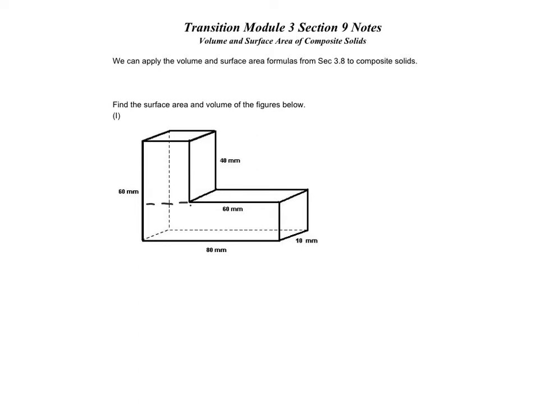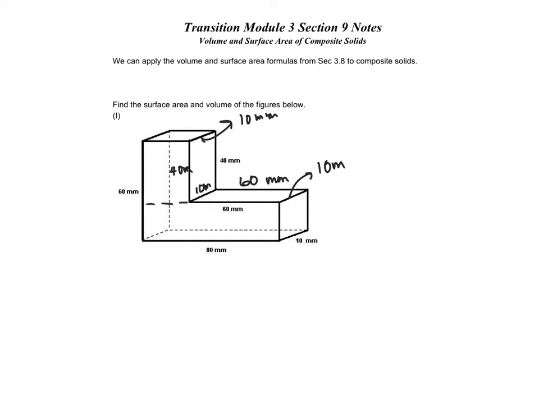Before I start finding any volume or surface area though, I'm going to go ahead and label the lengths that I don't know. So if I have 60 millimeters here, I have 60 millimeters here, 40 millimeters here. This side is 10 millimeters, which means this is 10 millimeters, which means this side is 10 millimeters.